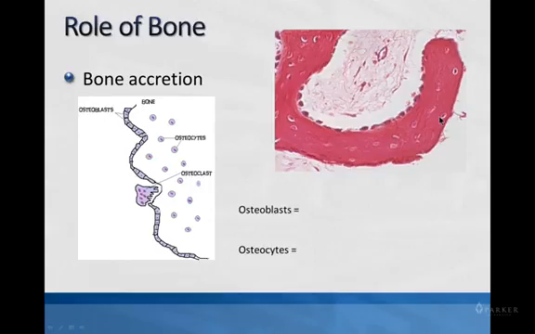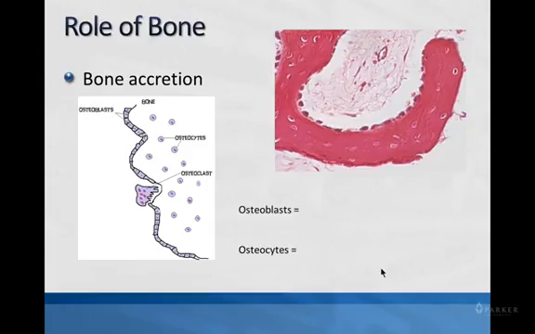The osteoblasts are cells found on the outer surface of bones and also in bone cavities. They're responsible for bone formation. They produce the osteoid, which is the organic component of bone, mainly collagen, and they also promote mineralization of the bone. The osteocytes are really osteoblasts that have become trapped in the bony matrix.